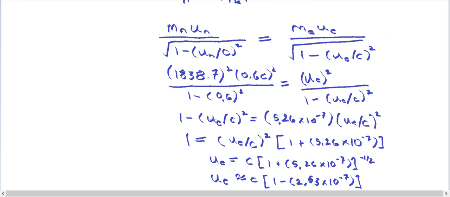Now we can cross multiply and get that 1 minus the speed of the electron over c, quantity squared, is equal to, well, if you multiply across, you'll get 5.26 times 10 to the minus 7 UE over c quantity squared. Hopefully that's not too terrible.